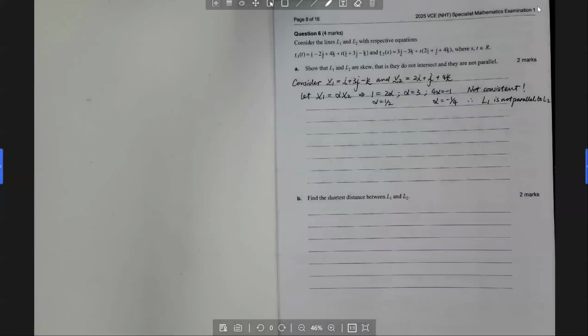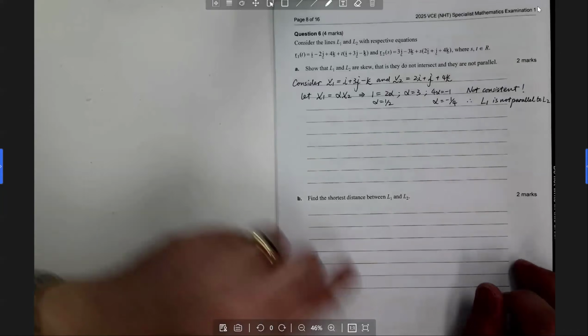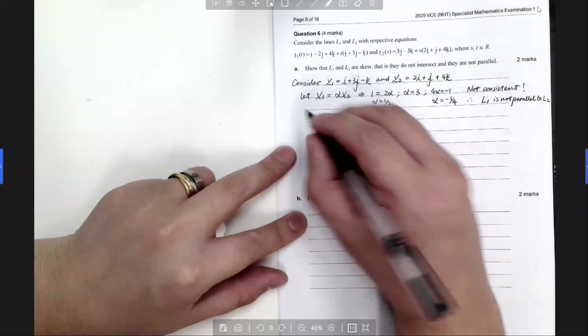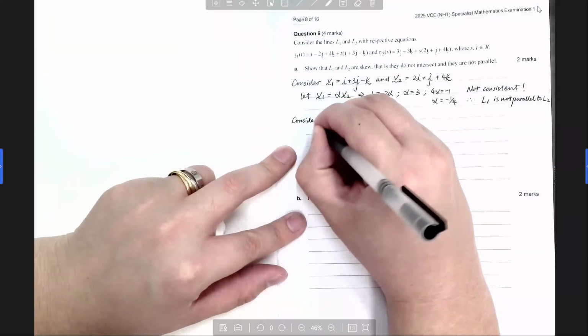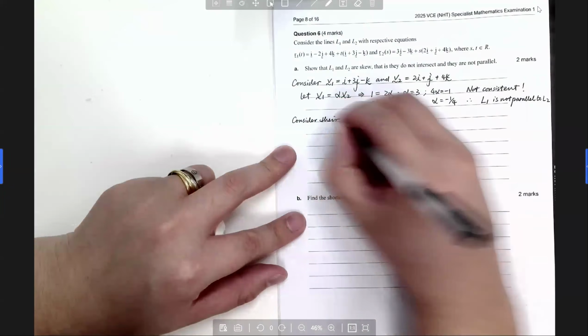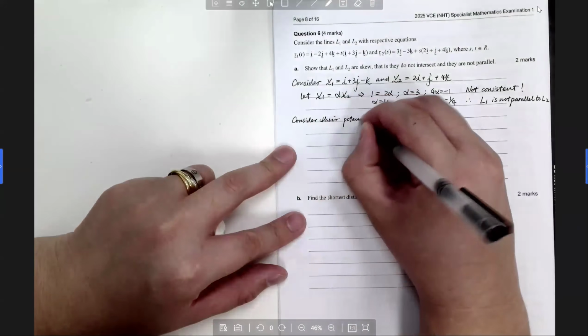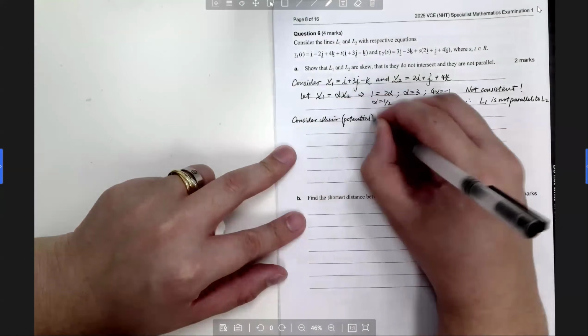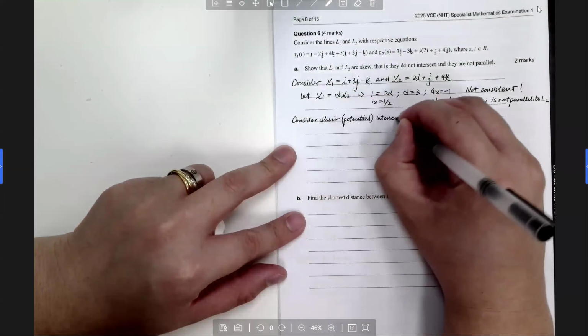Then, if you want to show they do not intersect, you have to show algebraically, okay? Bear with me. For example, consider their potential intersection point.